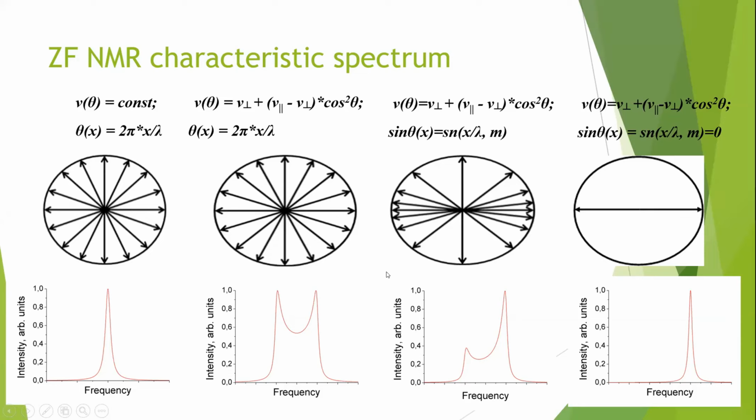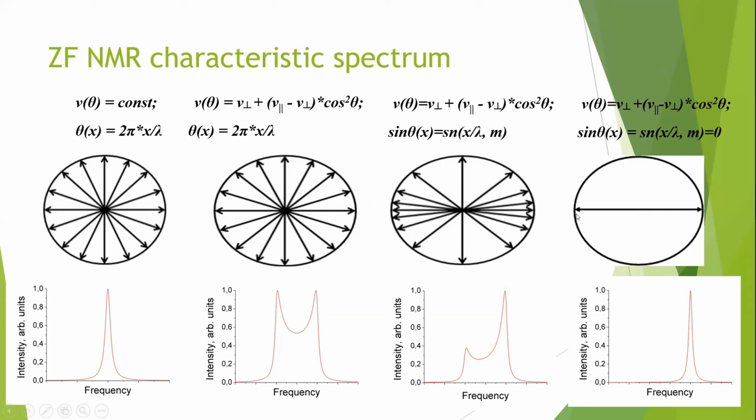And if the vectors look like this, you have this type of spectrum, and this is called easy axis anisotropy. You see, this is the easy axis, and the vectors are directed along it.